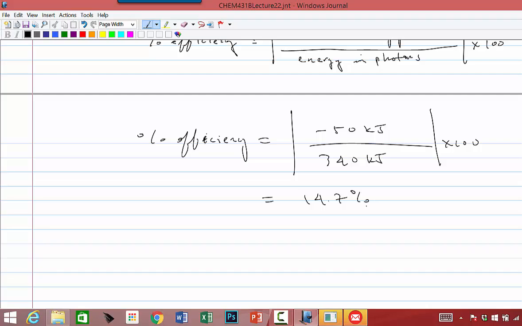What is the longest wavelength of light that could provide enough energy per photon to pump 1 proton against this gradient, assuming a 20% efficiency in photosynthesis, and they give you a temperature of 25 degrees Celsius. So the longest wavelength, basically the lowest amount of energy.